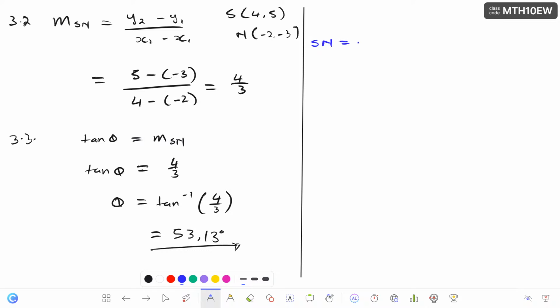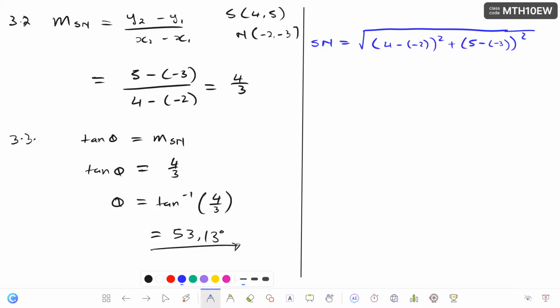Sn is equal to the square root of, then we have our points, 4 minus 2 squared plus 5 minus 3 squared.